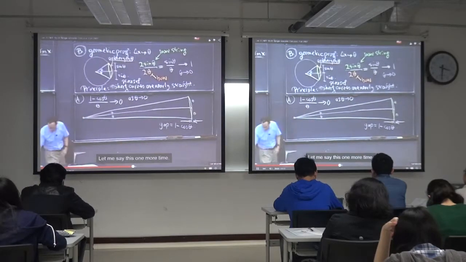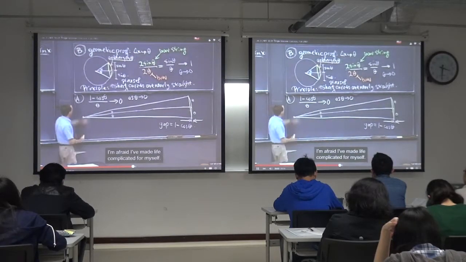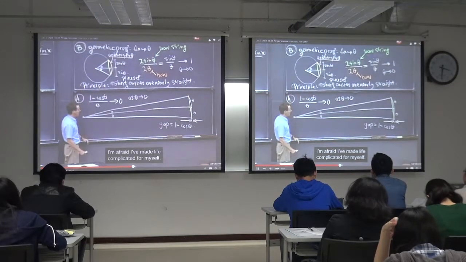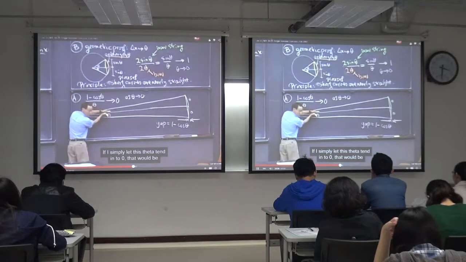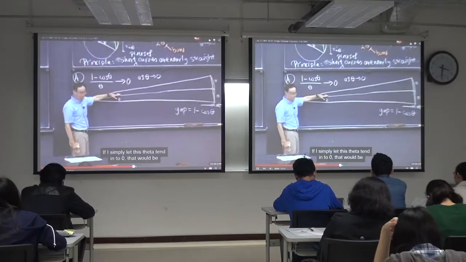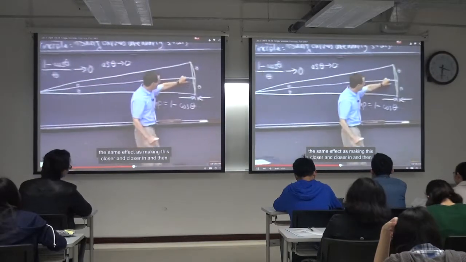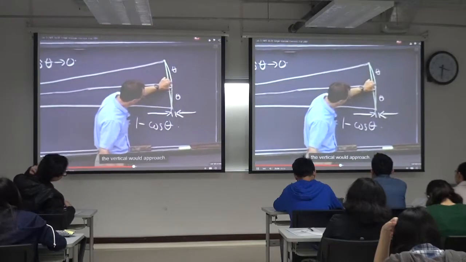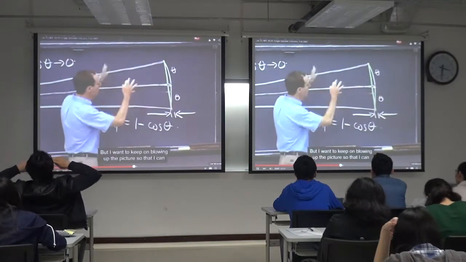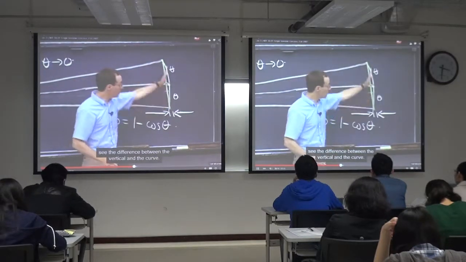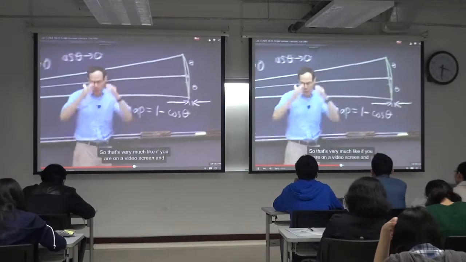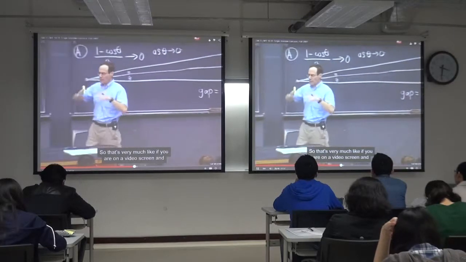If I simply let theta tend to 0, the vertical would approach, but I want to keep blowing up the picture so that I can see the gap between the vertical and the curve, like zooming in on a video screen.